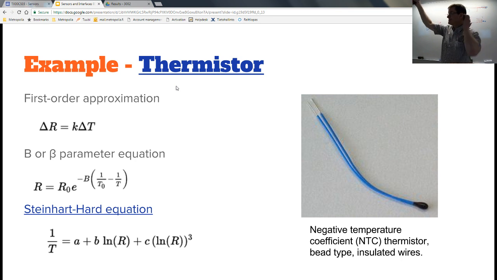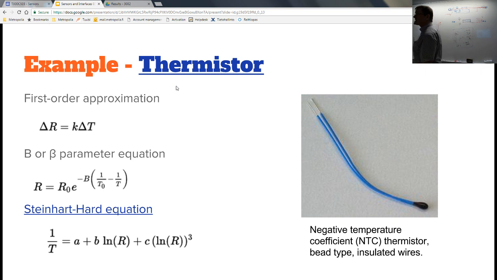For those materials, the resistance or the conductivity is based on the number of charge carriers, and that's what usually happens. It follows an exponential curve in quite a wide range.